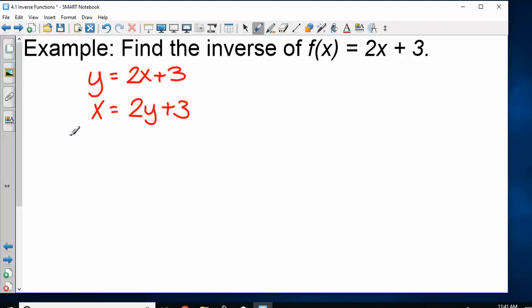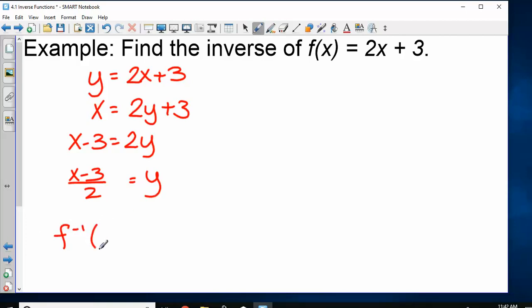So we could subtract our 3, divide by 2, and instead of y, we write f inverse of x equals (x minus 3) over 2.